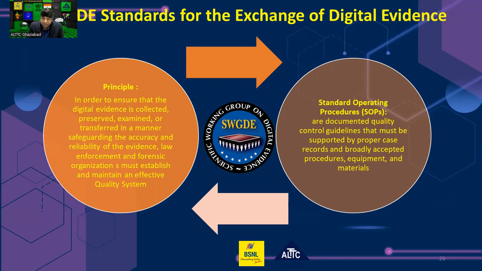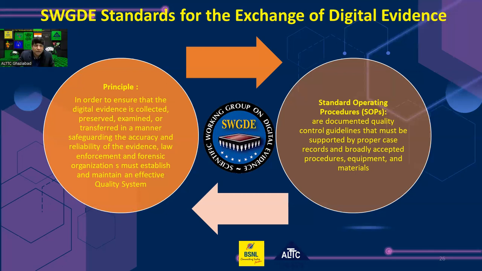A standard operating procedure, or SOP, is a document of quality control guidelines that must be supported by the proper case record and broadly accepted procedures, equipment, and materials. This is a basic and fundamental principle of the SWGDE standard.